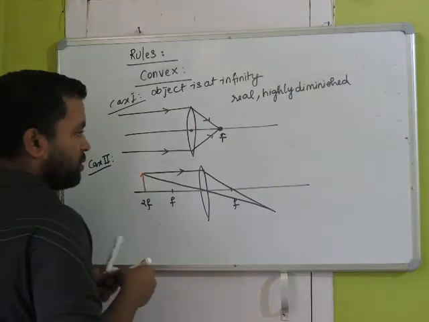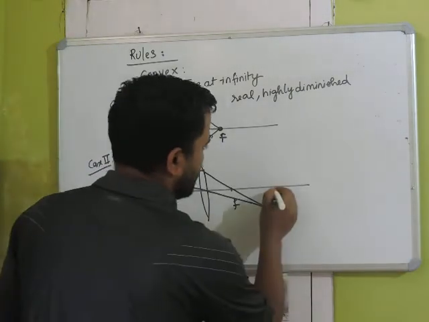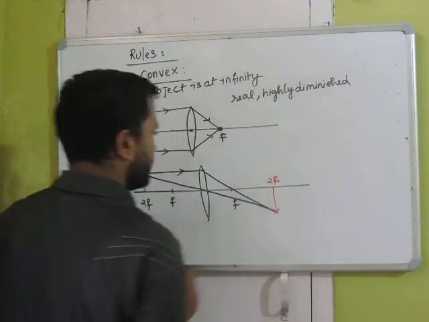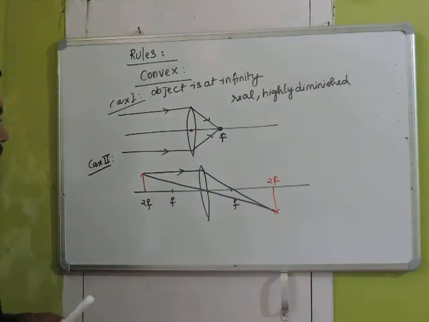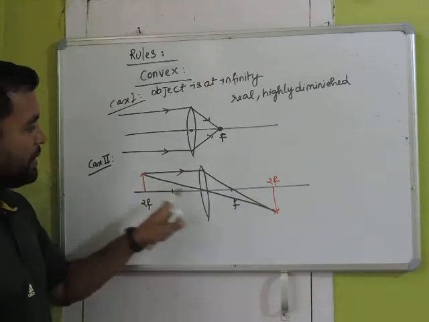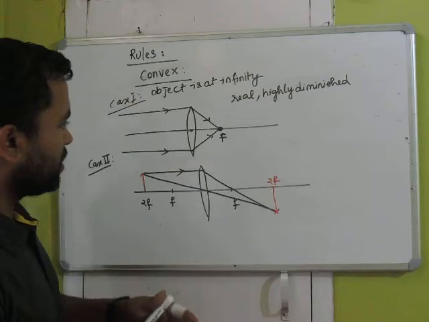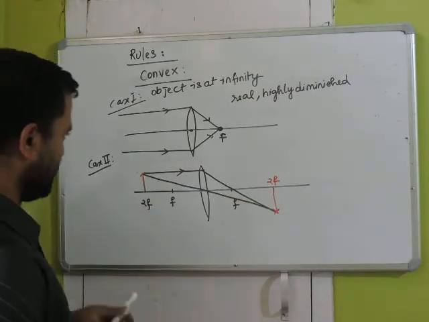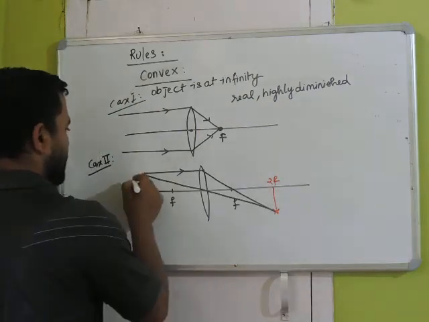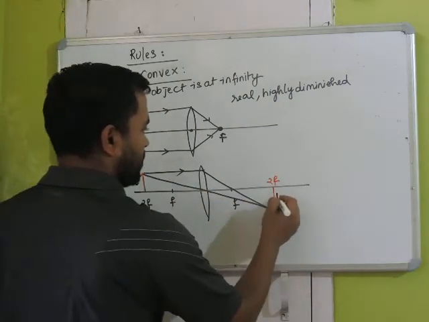So it turns out that the image is exactly obtained at 2f on this side, and the size of the image is same. Okay, even in my drawing it will look a bit bigger, I guess, but this height and this height is same. So I will write h for this also, h for this also.